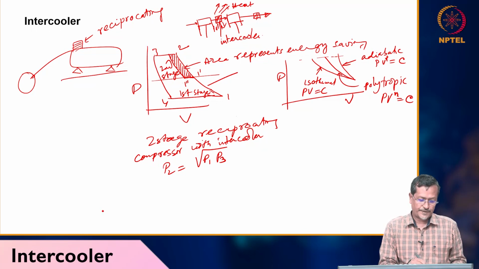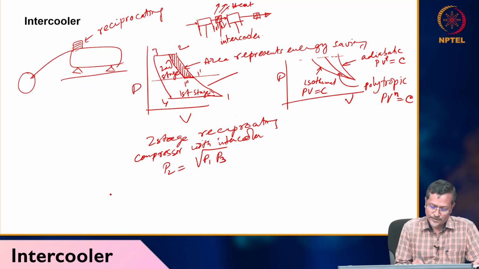P1 is the first one, compressor 1, then P2.